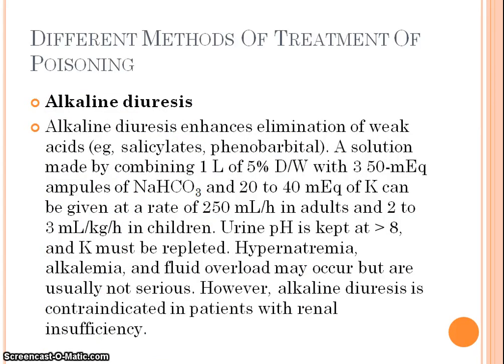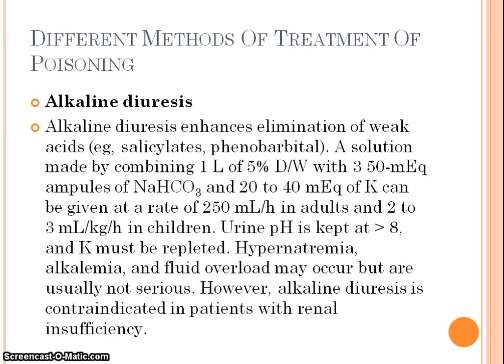Alkaline diuresis. Alkaline diuresis enhances elimination of weak acids, for example, salicylates, phenobarbital. A solution made by combining 1 liter of 5% dextrose in water with 3 50-milliequivalent ampoules of sodium bicarbonate and 20 to 40 milliequivalent of potassium can be given at a rate of 250 ml per hour in adults and 2 to 3 ml per kg per hour in children.